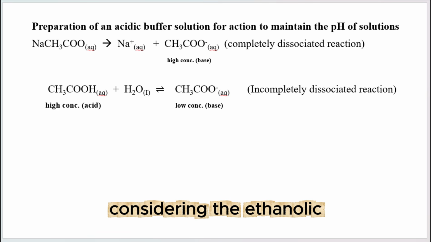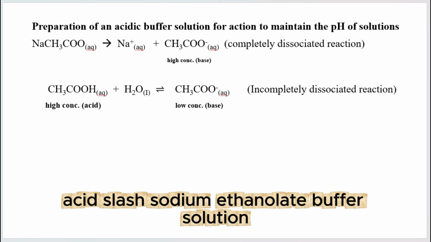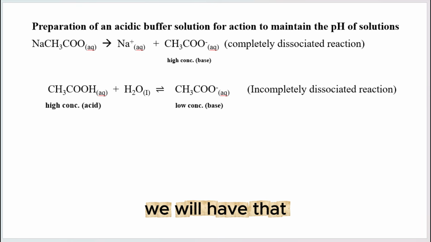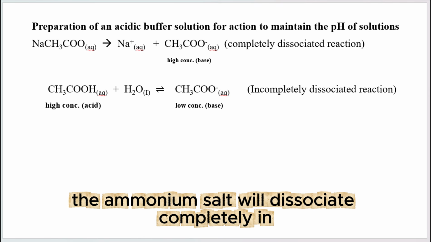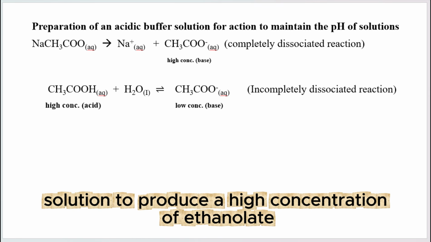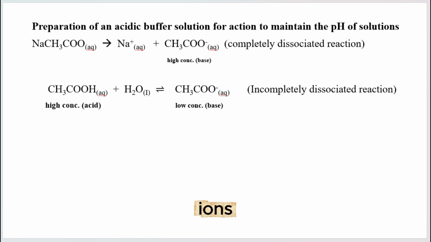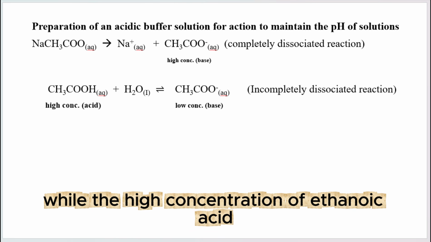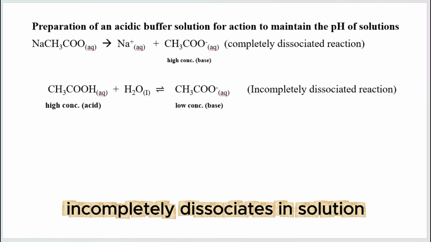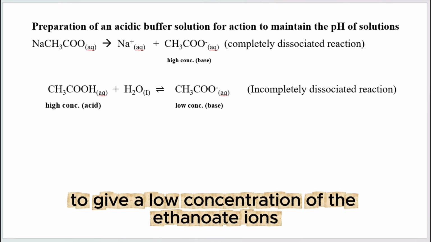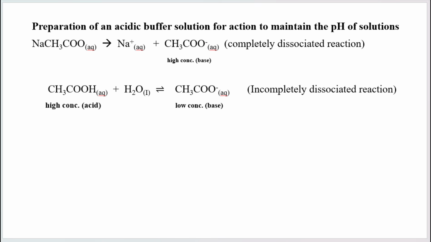Considering the ethanoic acid/sodium ethanoate buffer solution, the sodium ethanoate salt will dissociate completely in solution to produce a high concentration of ethanoate ions, while the high concentration of ethanoic acid incompletely dissociates in solution to give a low concentration of the ethanoate ions.